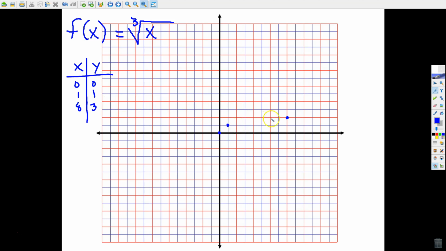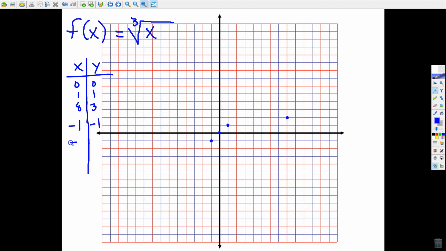And that's good enough. Now, the domain is different because we can do the cube root of negative numbers. So unlike the square root function, which did not go to the left of the origin, we could not input negative numbers. That's not true here, because the cube root of negative 1 is negative 1.